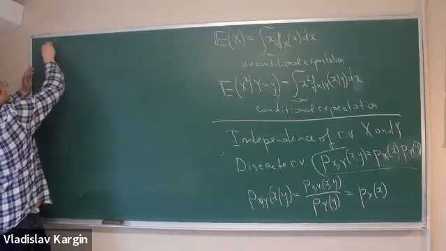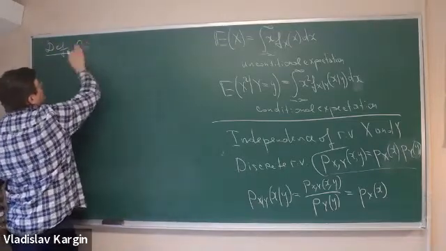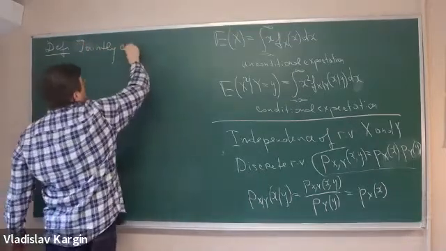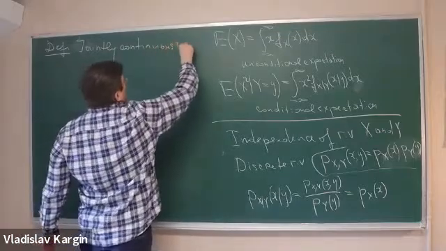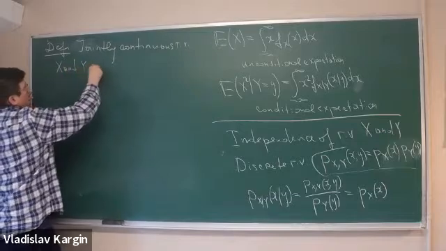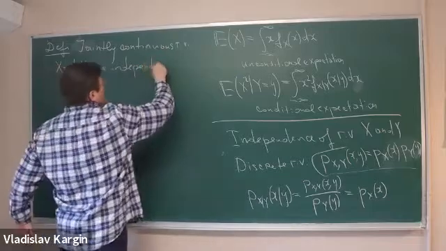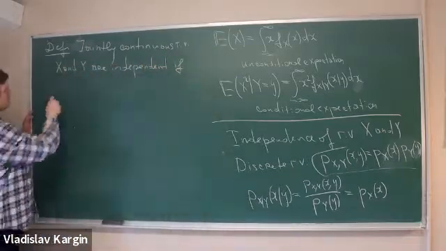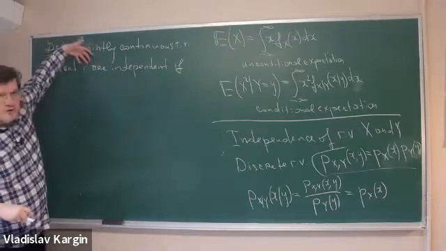So, definition. Jointly continuous random variables x and y are independent if, okay, jointly continuous random variables x and y with a joint density, right?